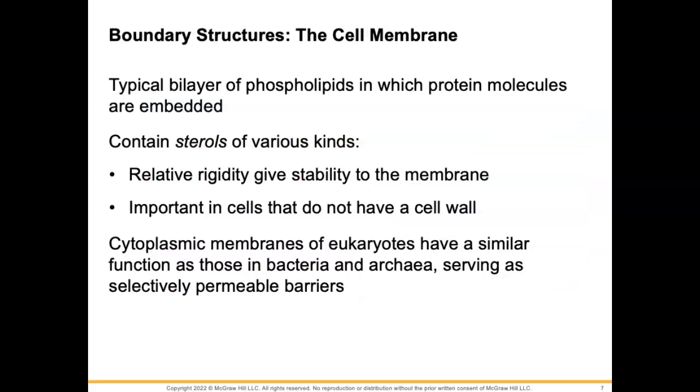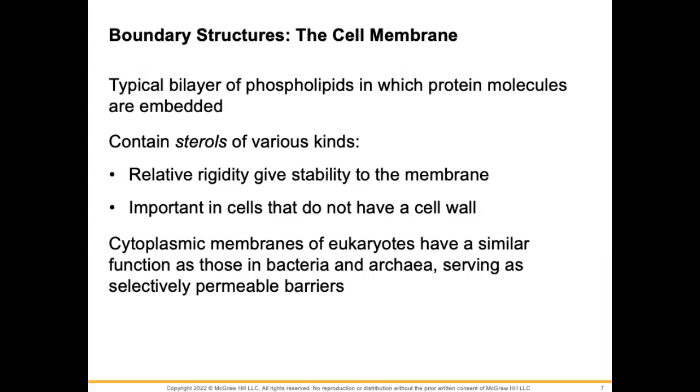Moving on to the cell membrane of the eukaryotic cell: a typical bilayer, the one that you're familiar with. There are fatty acid tails and polar heads, a typical bilayer of phospholipids in which protein molecules are embedded. In addition, there are sterols of various kinds, which contribute to the rigidity and stability of the membrane.